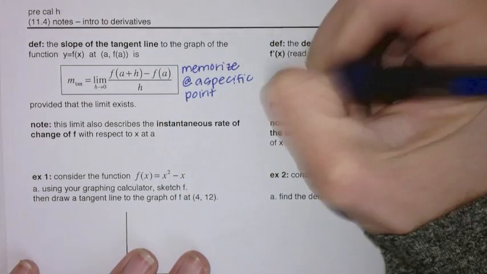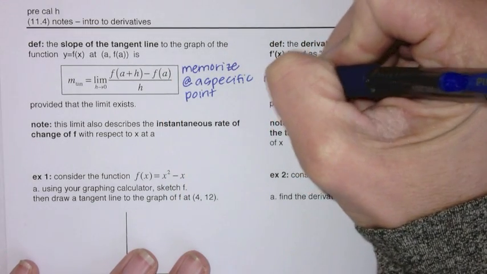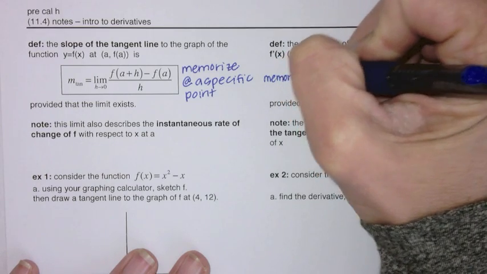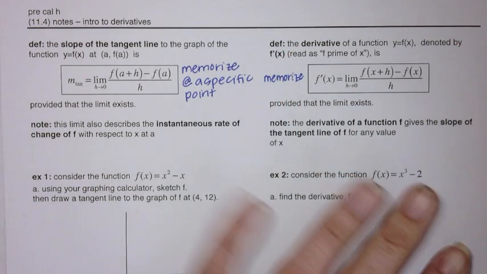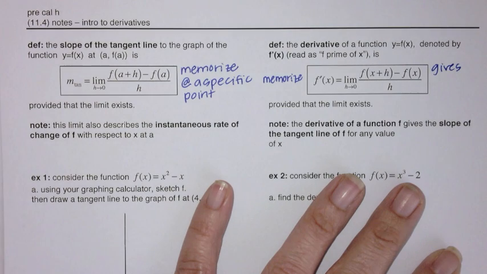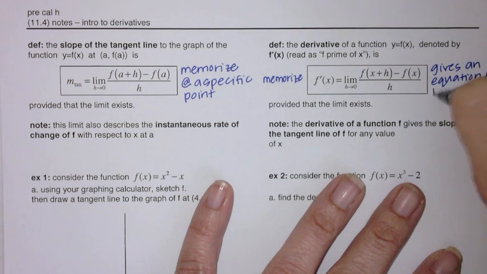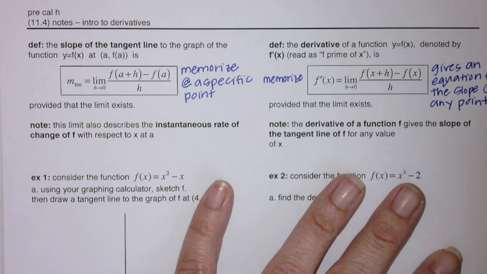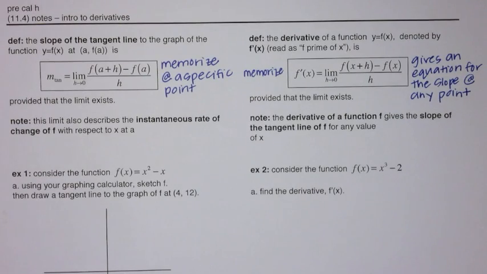And this one you're going to memorize as well, and this actually gives an equation for the slope at any point. A very, very useful equation. Okay? So those are the two.